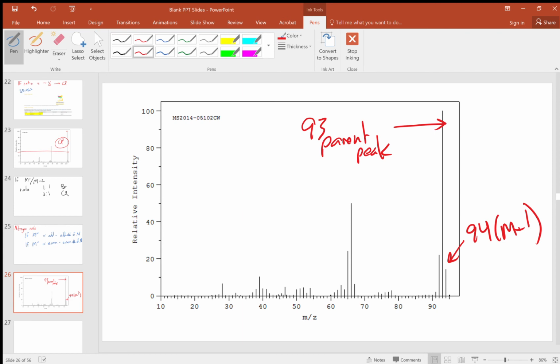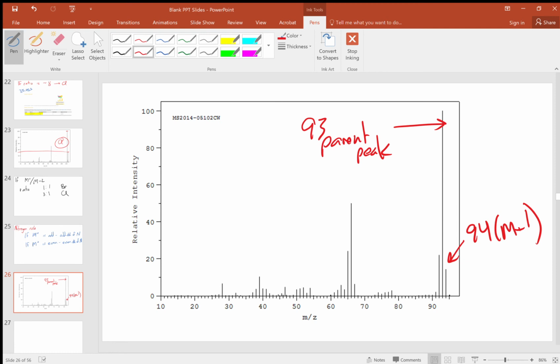So we can make some guesses based on mass spec, and we're going to do some of that. I'm going to do an example here in a moment. But the reality is that we really need other spectra to go with mass spec to determine what's going on.